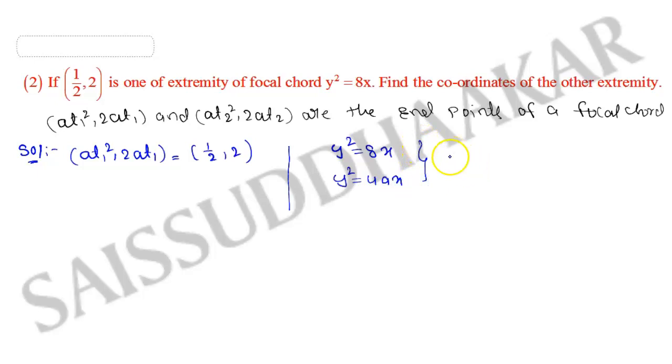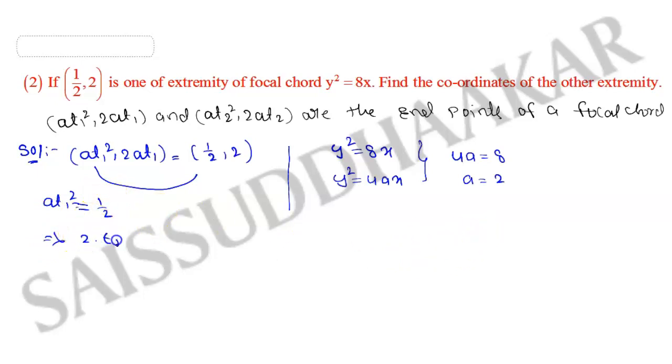By comparison, 4a is equal to 8, a is equal to 8 by 4, that is nothing but 2. So a t1 square is equal to 1 by 2, with a value as 2.